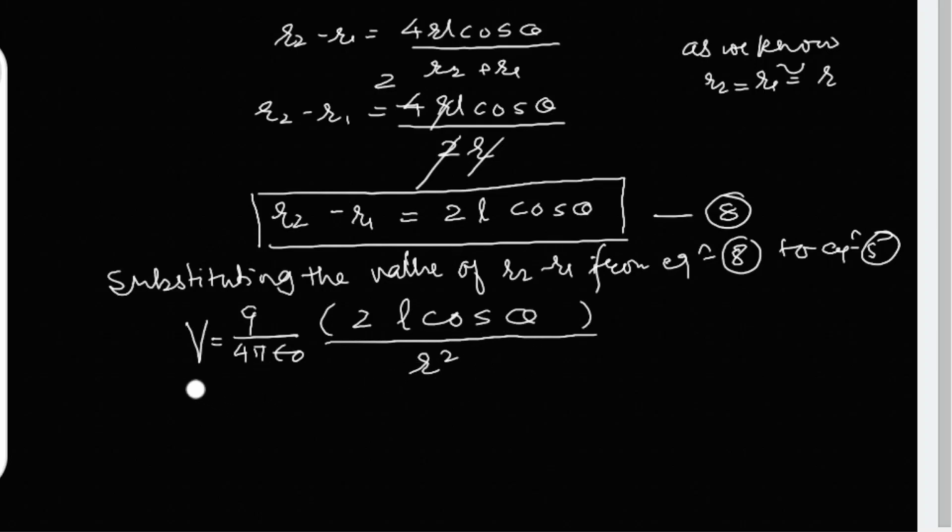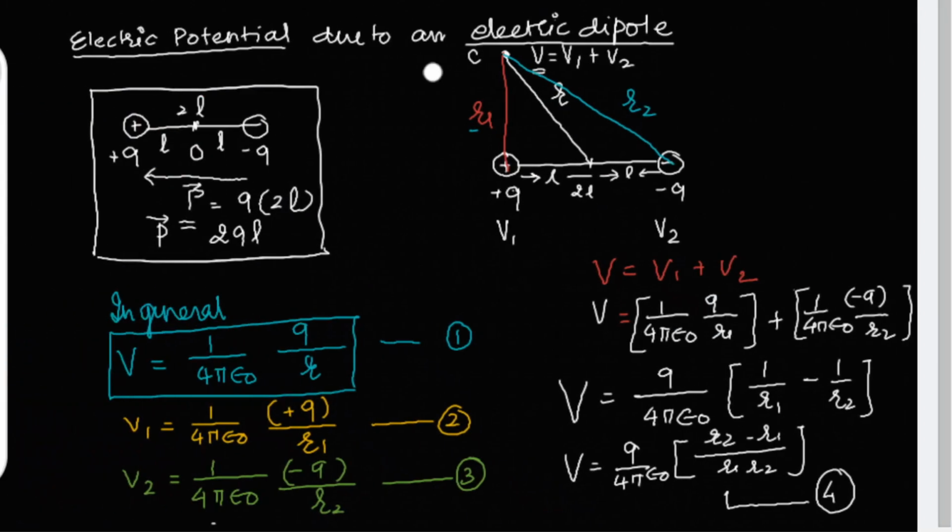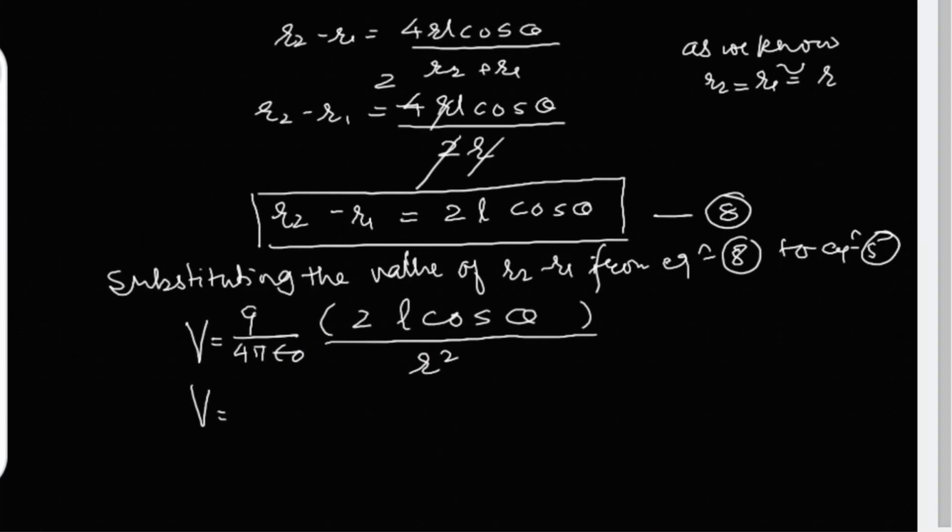After putting this value, V is equal to, now let us consider that I told you P is the electric dipole moment, and the value of electric dipole moment is 2ql, that you have to remember, 2ql.